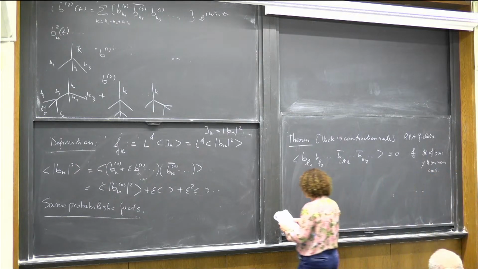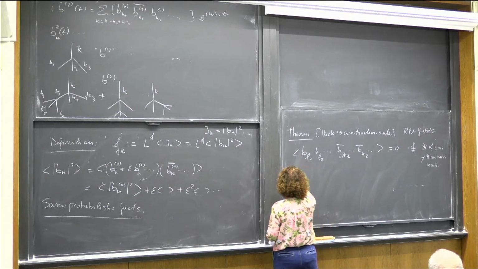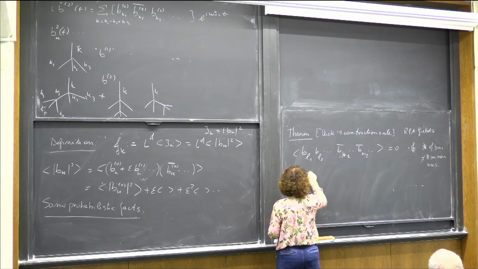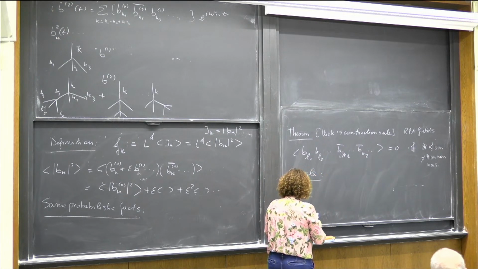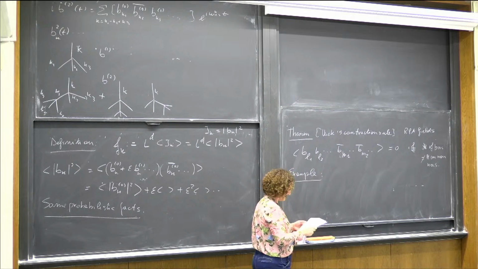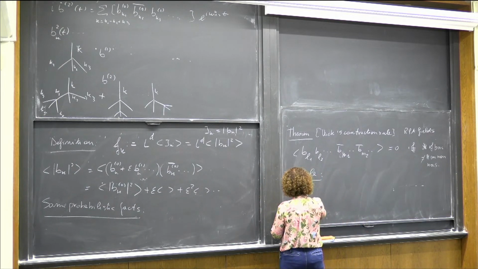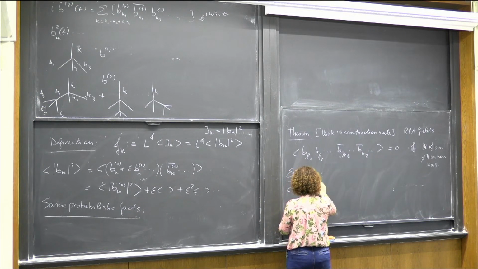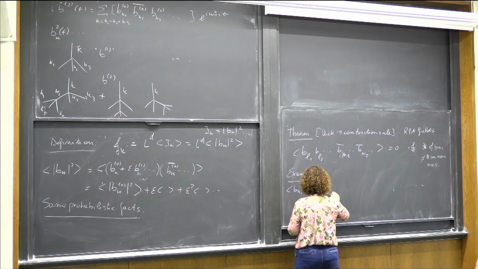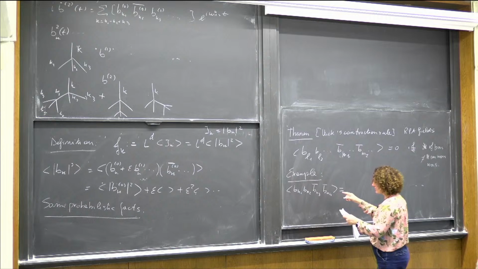Let me just do, for example, one calculation. Suppose we have B_k1, B_k2, B_k3 bar, B_k4.